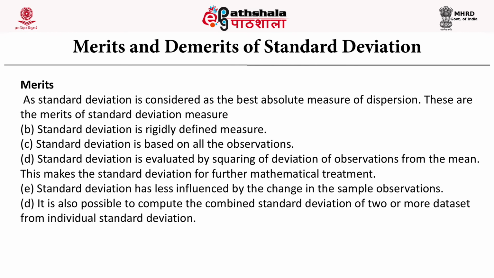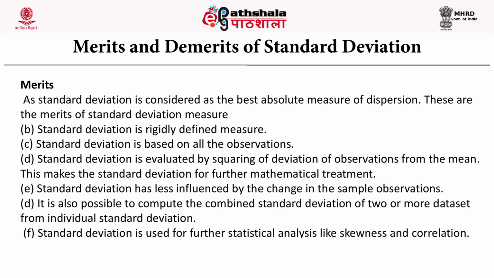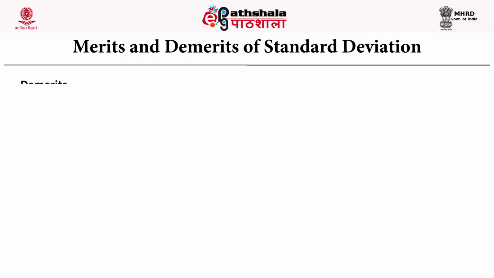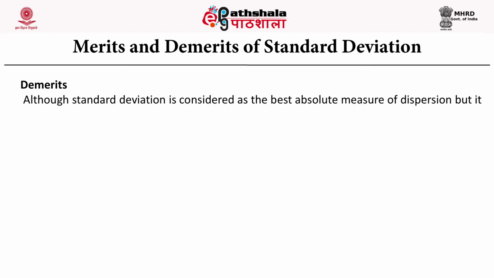Standard deviation is less influenced by changes in the sample observations. It is also possible to compute the combined standard deviation of two or more data sets from the individual standard deviations. Standard deviation is used for further statistical analysis like skewness and correlation. Although standard deviation is considered the best absolute measure of dispersion, it is not free from demerits.